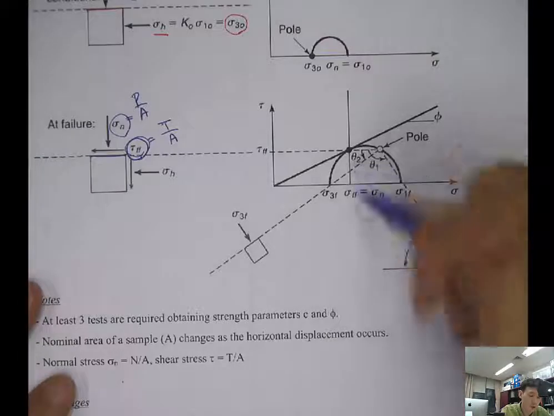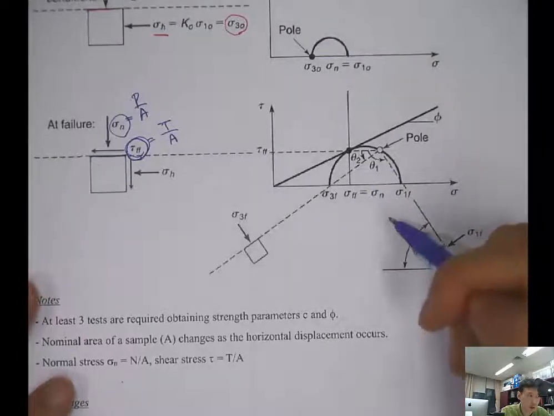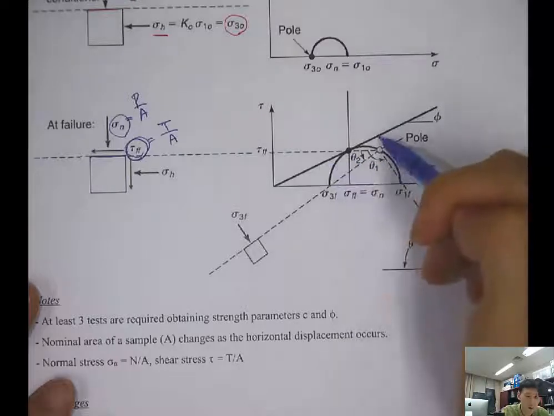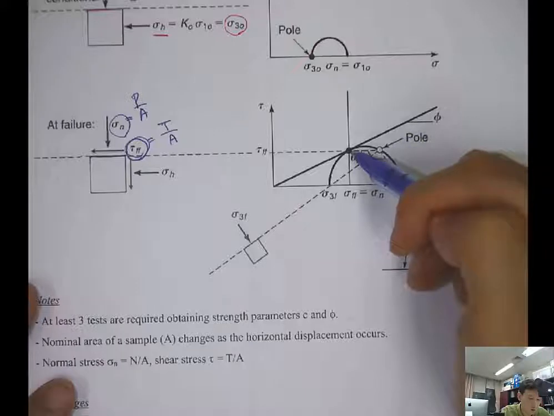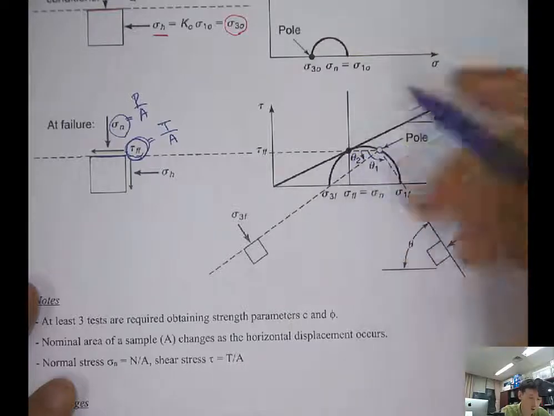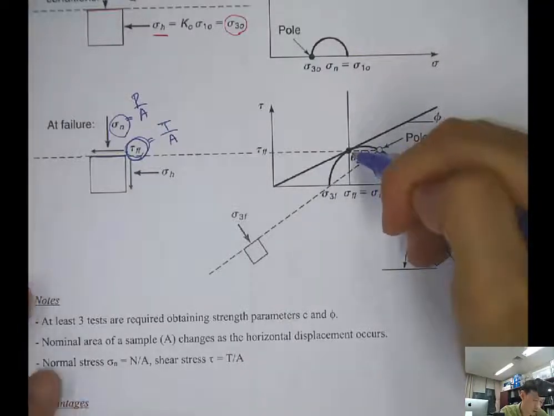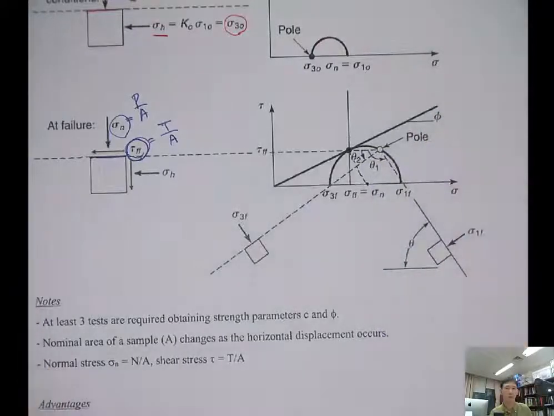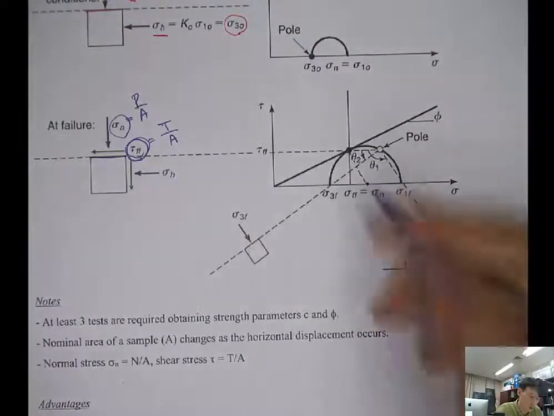Then the Mohr circle should be tangent to this Coulomb friction envelope, especially at this point. So you can draw the Mohr circle using this tangent point. Like this. So this will be the center.